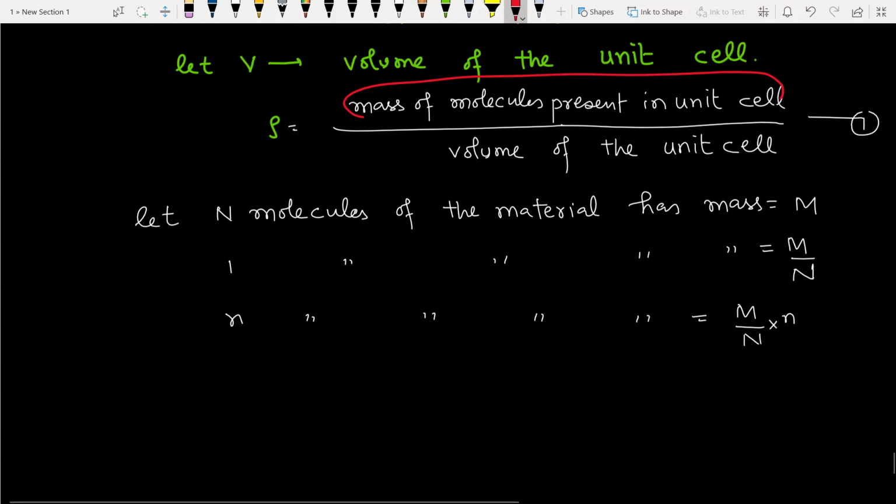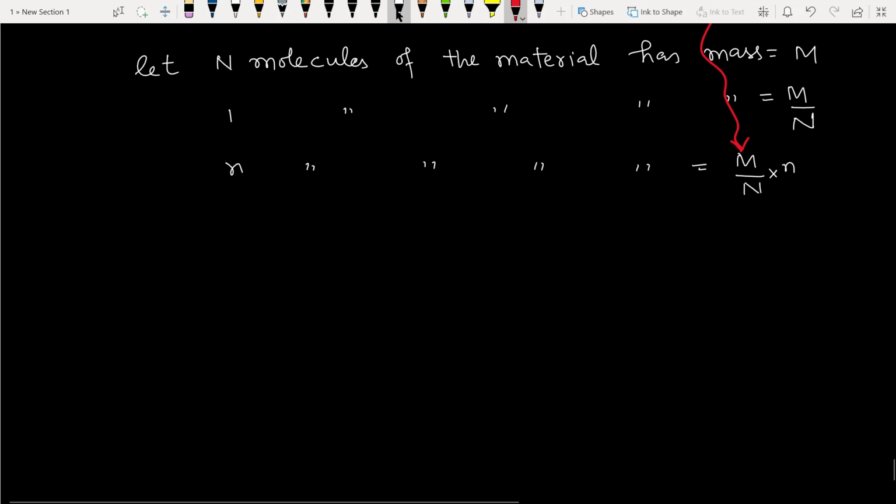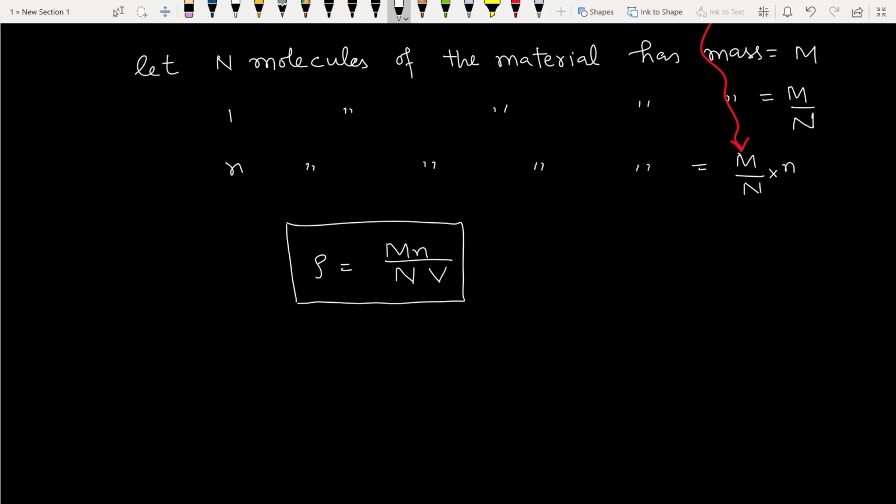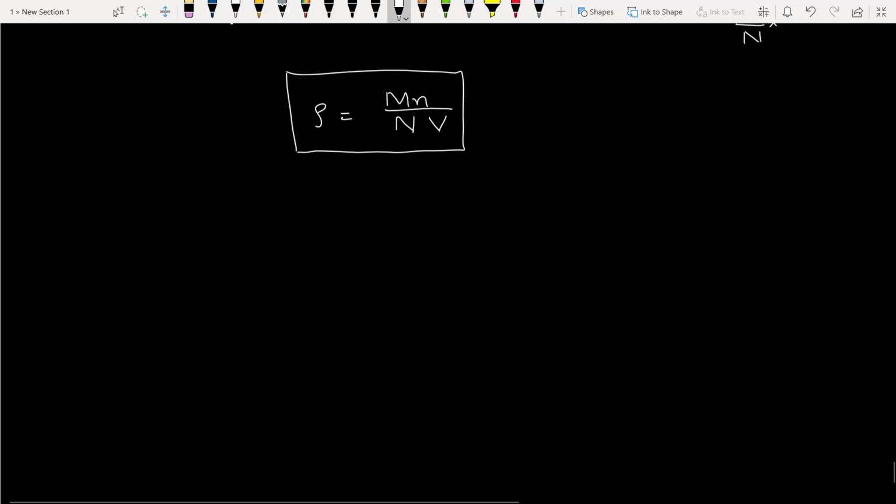If we substitute it, then the density will be M n upon capital N divided by the volume of the unit cell. So this is the formula we will be using in different numericals.